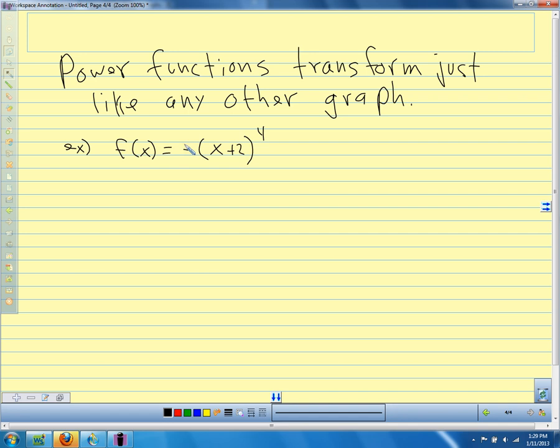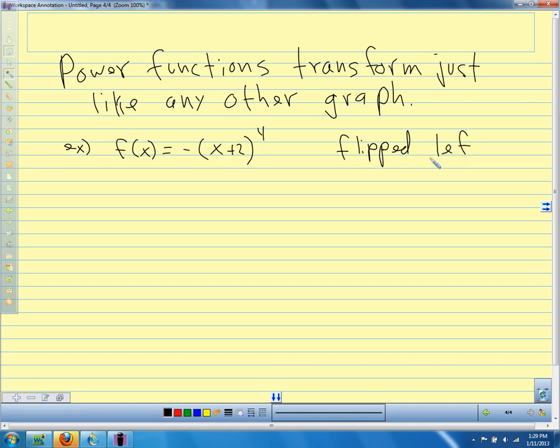Flips it upside down. And the plus 2 is inside the parentheses. How does that move it? To the left. It's opposite. When it's inside the parentheses, it's opposite. So this is going to be flipped.